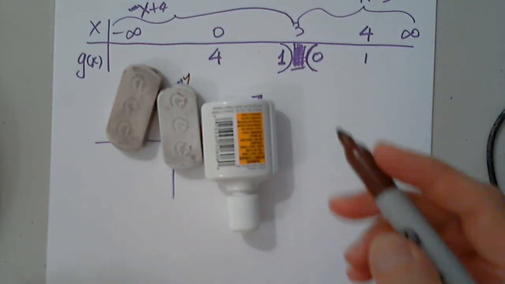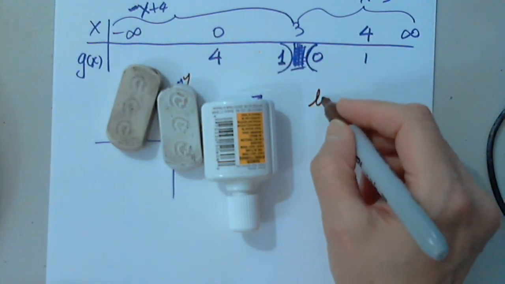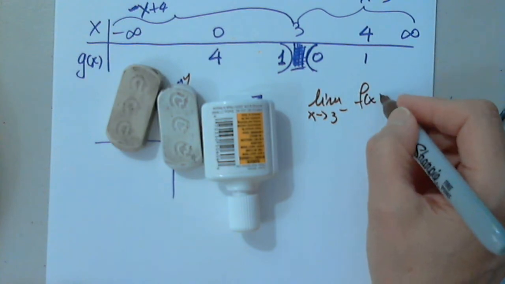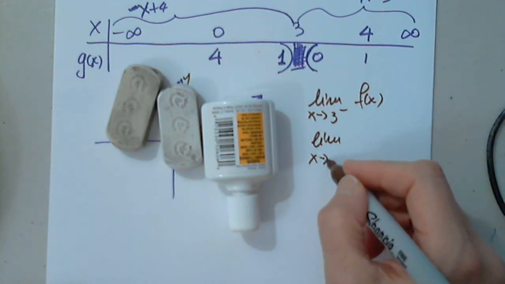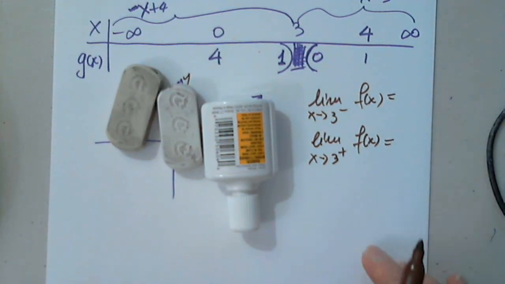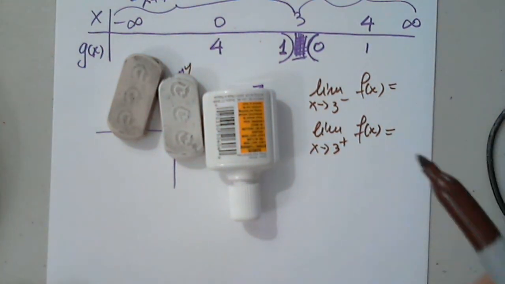These are my props. I have the limits here. The limit as x approaches 3 from the left, and the limit as x approaches 3 from the right. I don't even need to look at the function. Can anyone tell us what is the limit from the left?